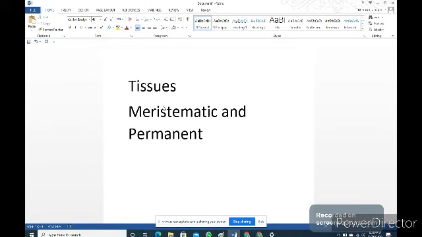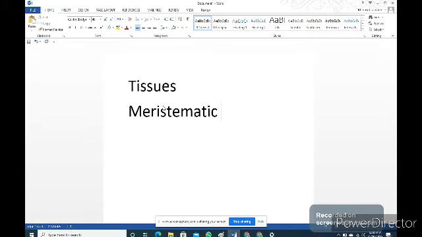In the permanent tissue, there are two types: simple permanent and complex permanent. In the simple permanent tissues, there are types: parenchyma, chlorenchyma, collenchyma, sclerenchyma.